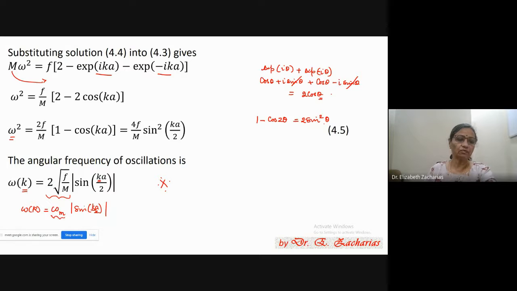We are calling this omega m because the value of omega will be 2 under root f by m when sine ka by 2 is equal to 1. So it will have the same unit as omega, so we call it omega max. So this is the maximum value of omega.